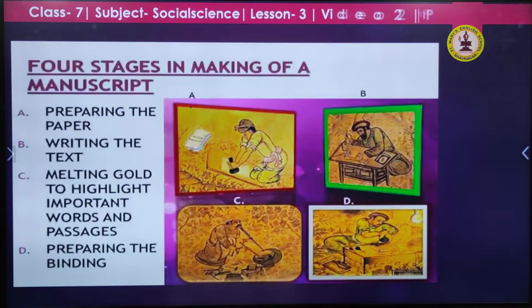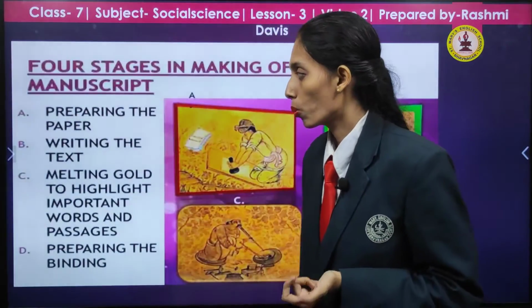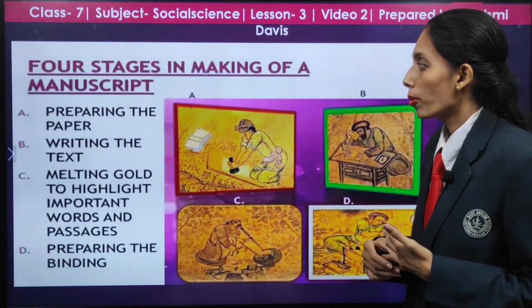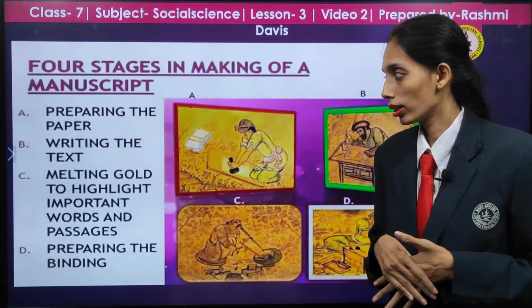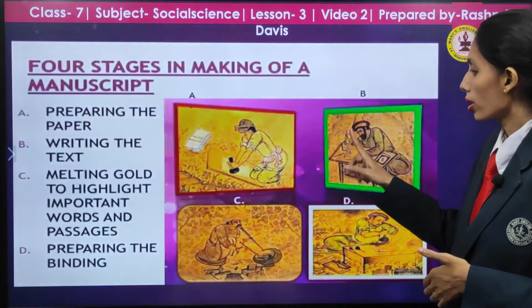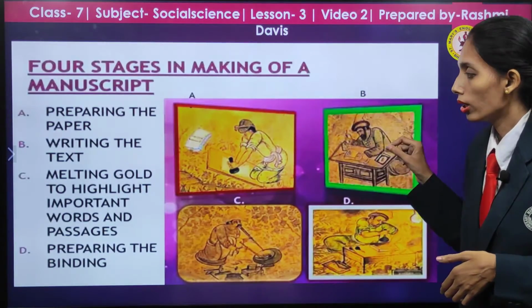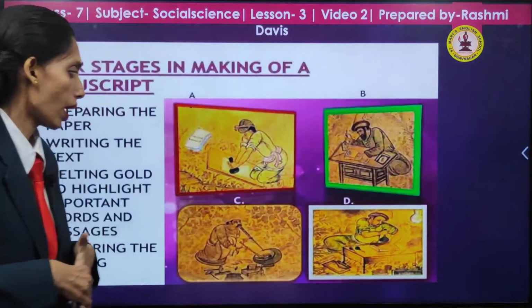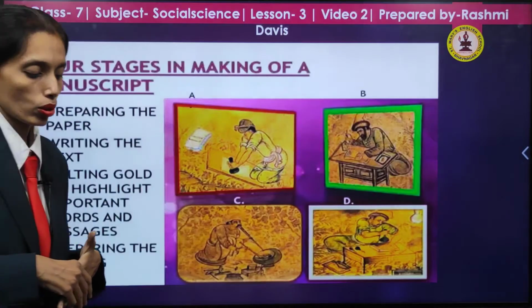There are 4 stages in the making of a manuscript. The other name for Tarikh is manuscript. First, preparing the paper. The second person is writing the text with the pen, the scribe who is writing. The third is melting the gold to highlight important words and passages.